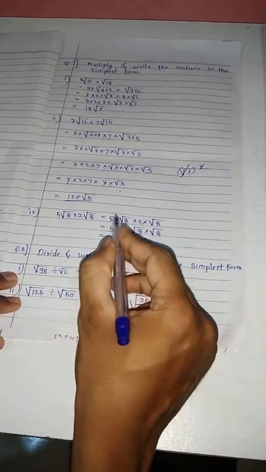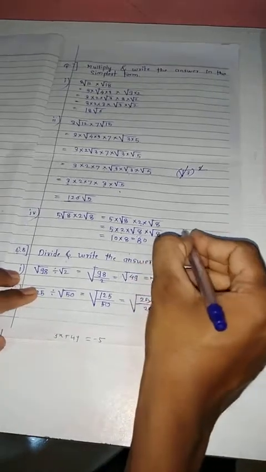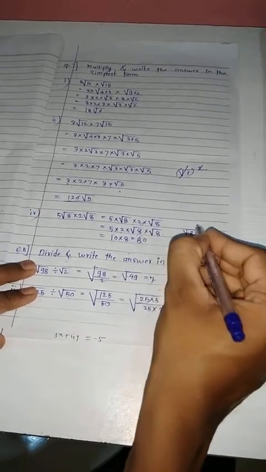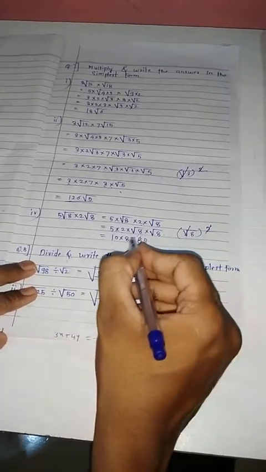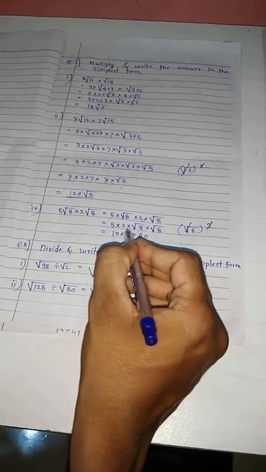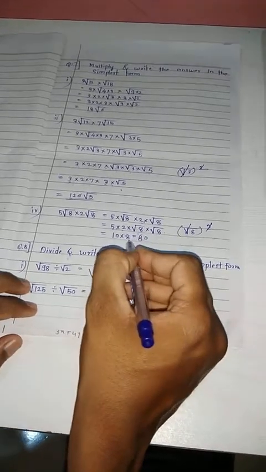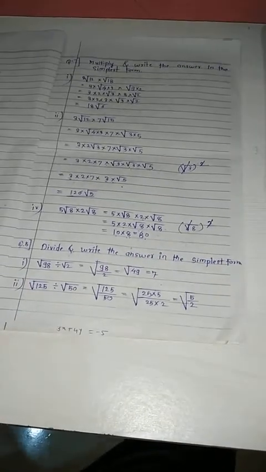So 5 into 2 into root 8 into root 8. Obviously the root 8, these are both square. So root 8 square, so square and the square root cancel. So the answer is 8. Okay, so 5 2s are 10 and into 8. So 10 8s are 80. Okay, so the answer is 80.